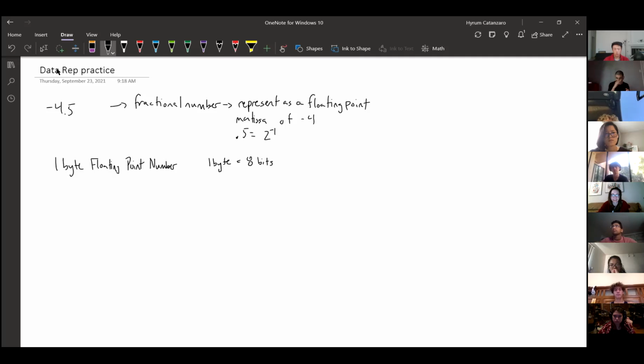So just split it up into 4 and 4, or 5 and 3. Just tell me some numbers. 5 and 3. Thank you, Agnes. That's right. 5 bits for the mantissa, and 3 bits for the exponent.